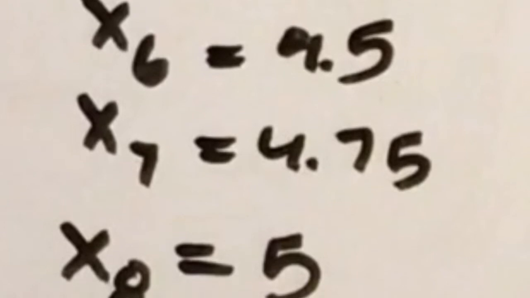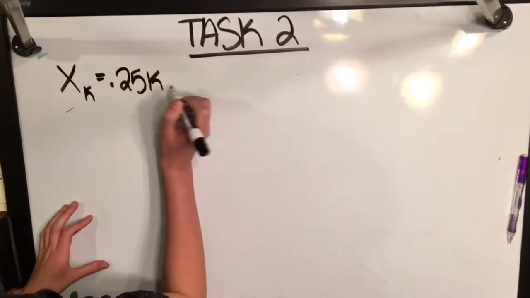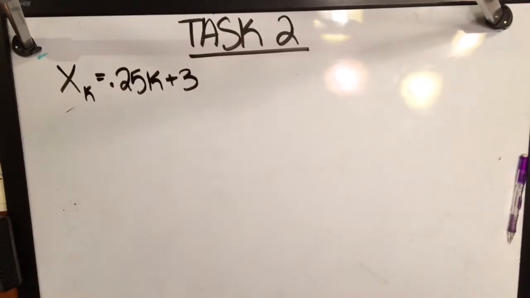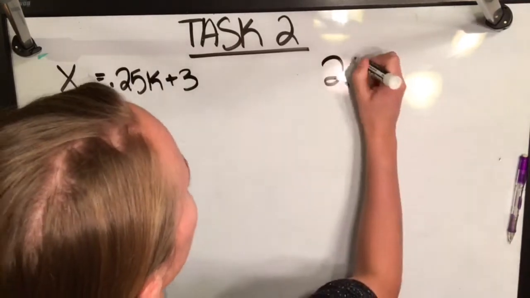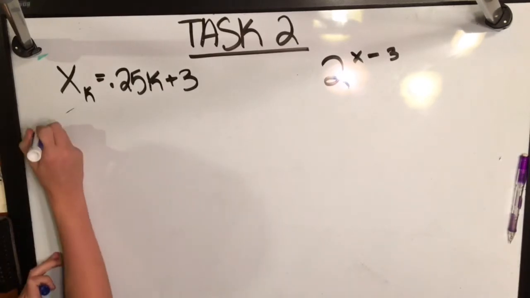Okay, so our next task is finding the left endpoint for the equation given for her hair. We want our two equations up there, which are x sub k equals 0.25k plus 3 and 2 to the x minus 3.